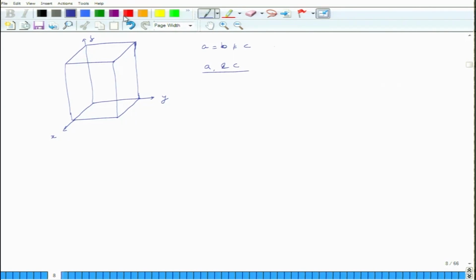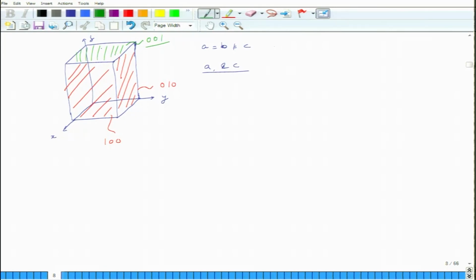This face is 0 1 0, this is 1 0 0. Now, what is this? 0 0 1.